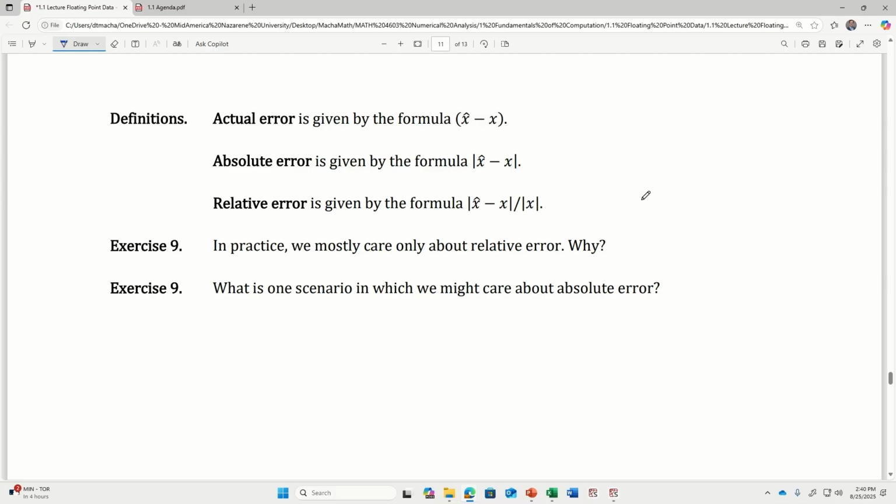No. If I'm measuring an ant, is 1 millimeter going to make a big difference? Yeah. So relative error is putting the error in proportion to what you're measuring, right?